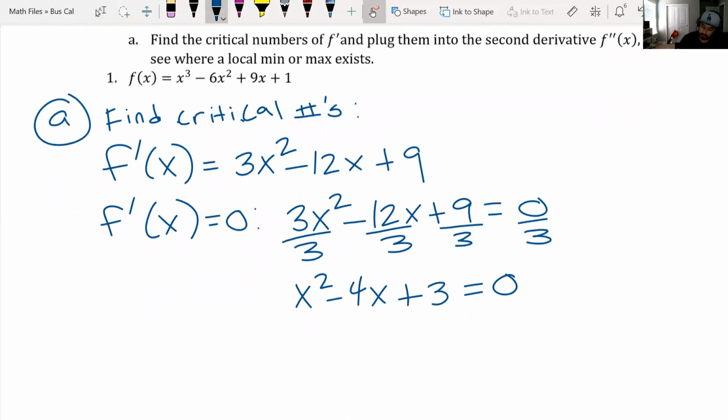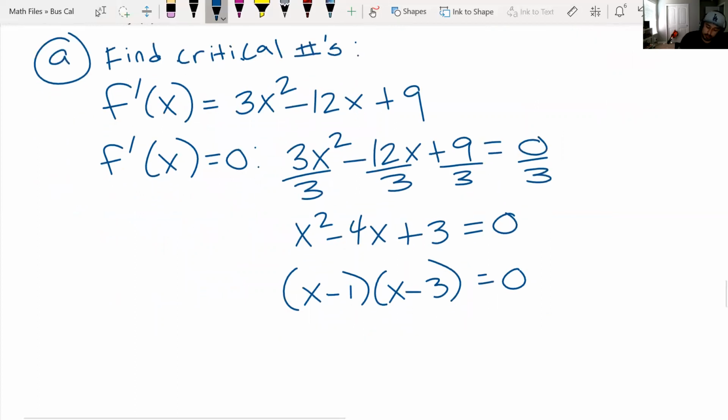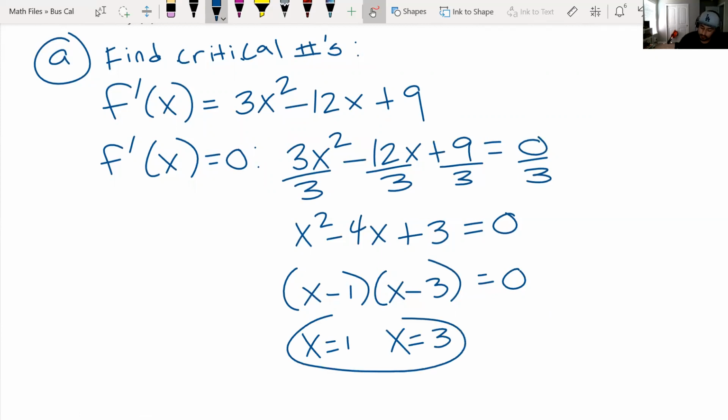Factor that. X minus 1, x minus 3 equal to 0. Solve for x. X equals 1. X equals 3. These are my criticals.